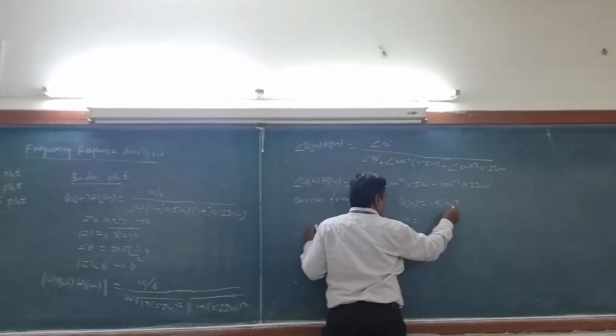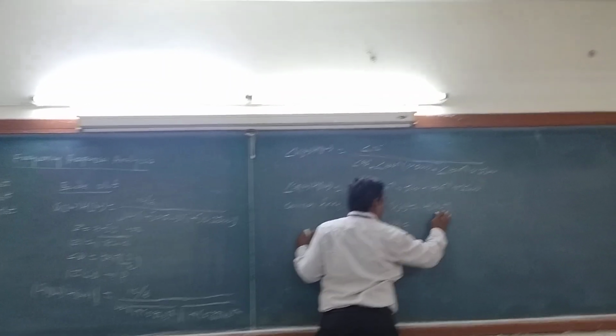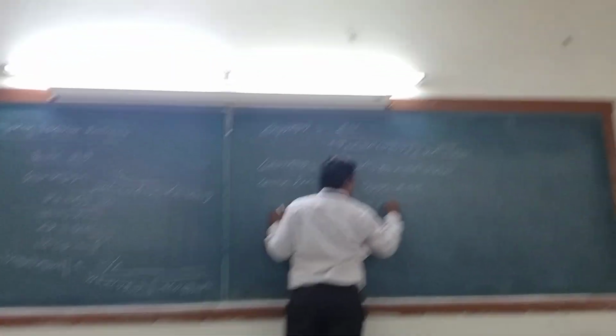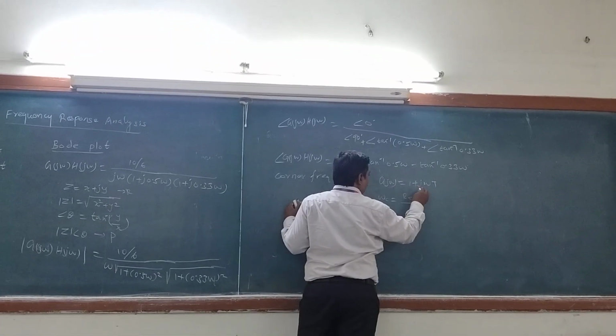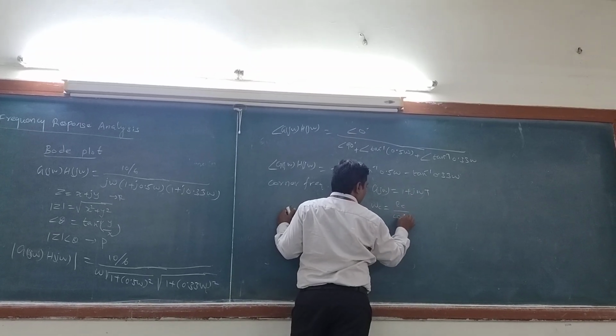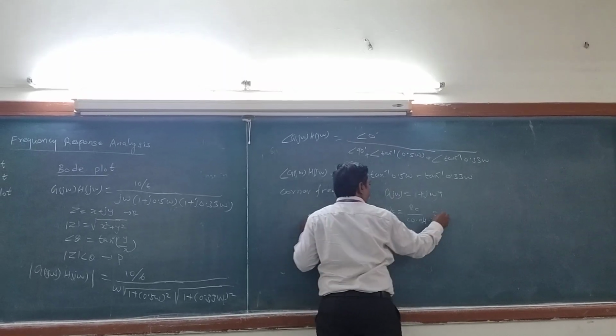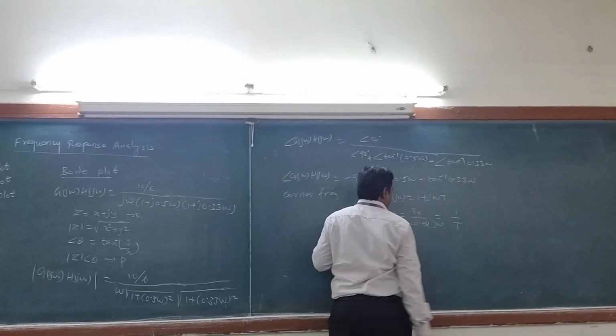Omega c is equal to the coefficient of the real part divided by the coefficient of j omega. So 1 divided by T.